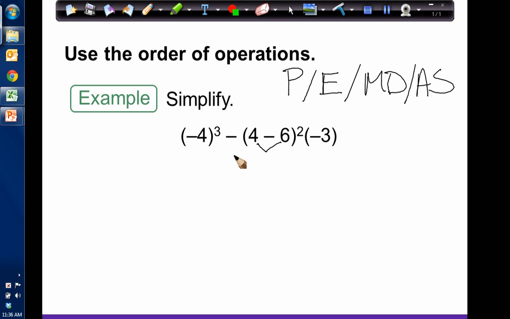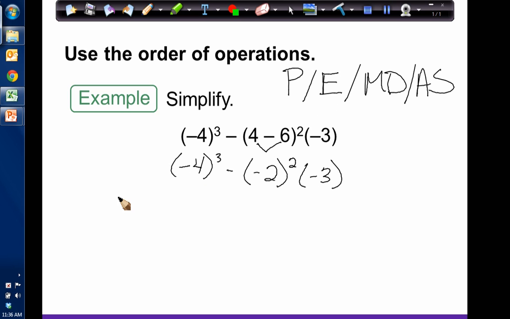So 4 minus 6, we'll do, copy down everything else, negative 4 cubed minus 4 minus 6 is negative 2 squared, and then times negative 3. Okay, and I'm going to go ahead and expand. We're going to do these exponents next. Okay, we already did everything in the parentheses that can be done. We can't do anything in here, can't do anything in here, can't do anything in here. So then we move on to exponents.